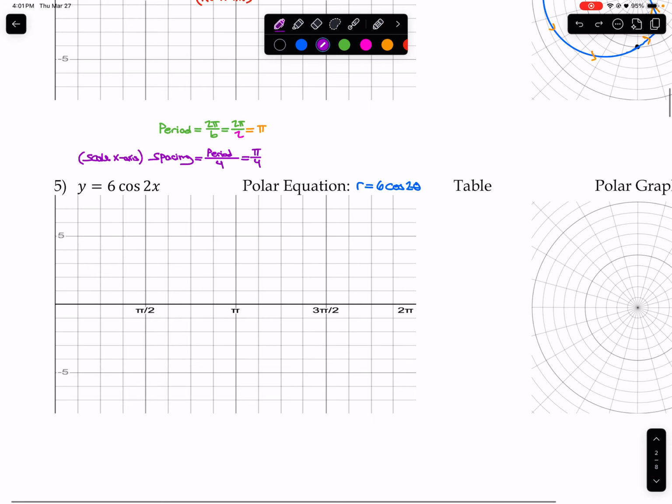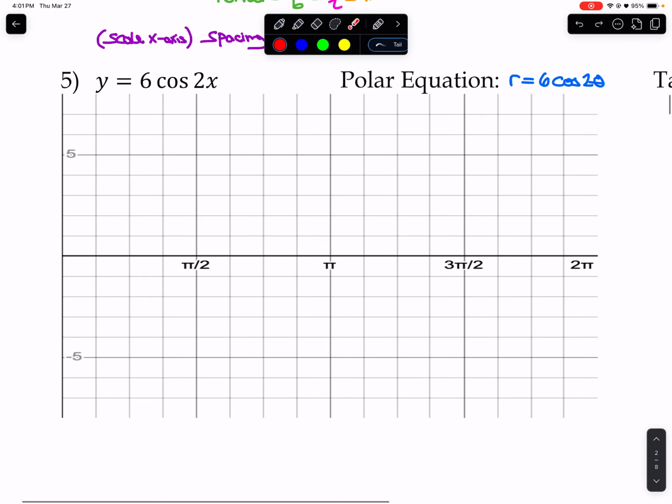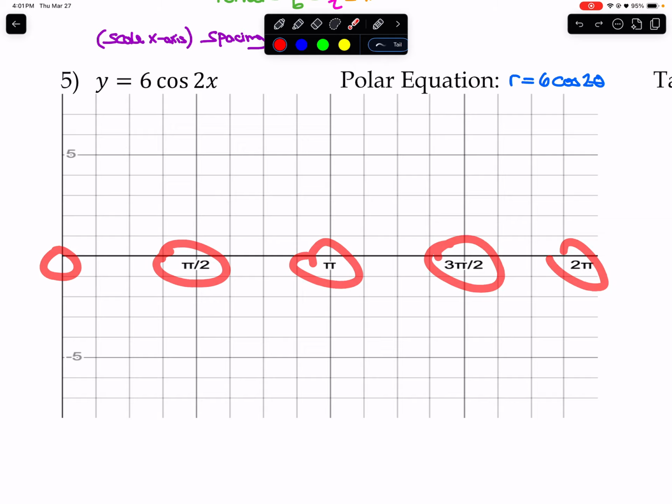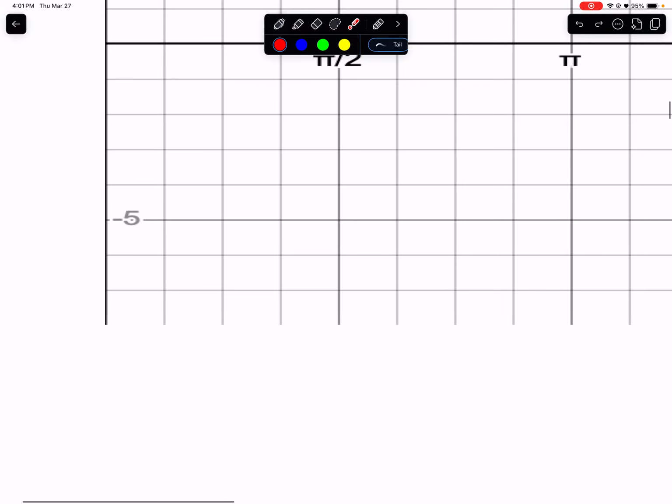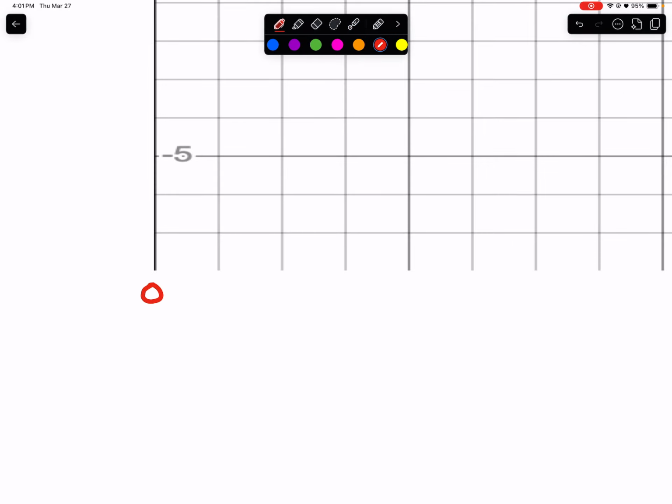Now, if you look at your graph over here, notice how we already start at 0, and then we go pi over 2, pi, 3 pi over 2, and 2 pi. So we actually already have a good scale put in place. I'm just going to build on it. So we start at 0, and then half of pi over 2 is pi over 4. So instead of every 4 spaces, I'm going to use every 2 spaces.